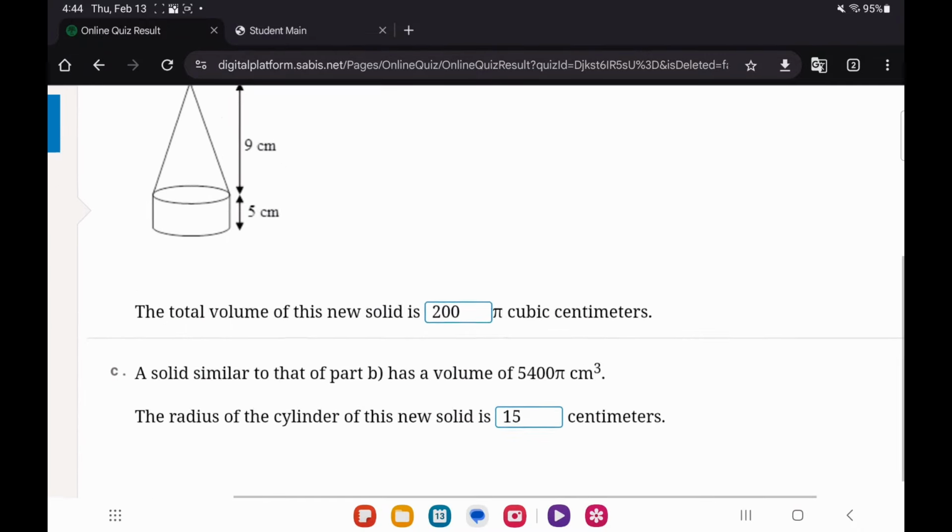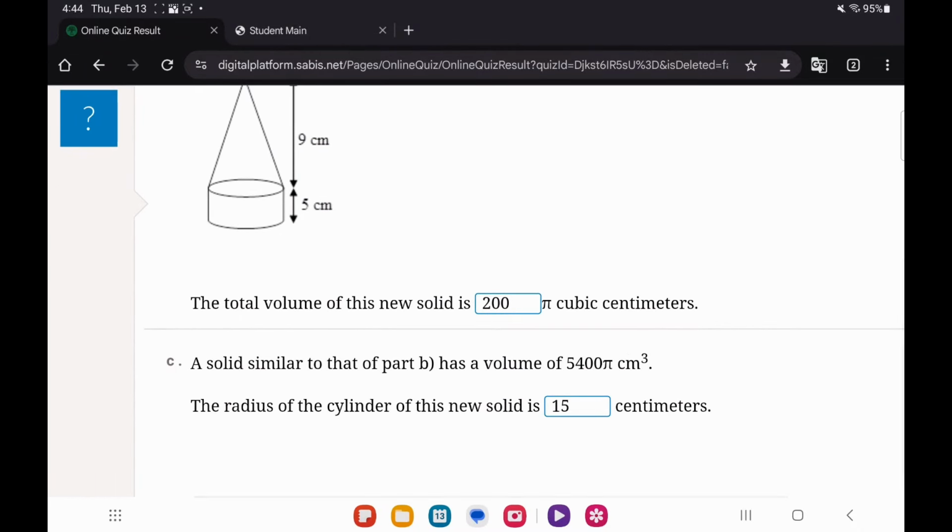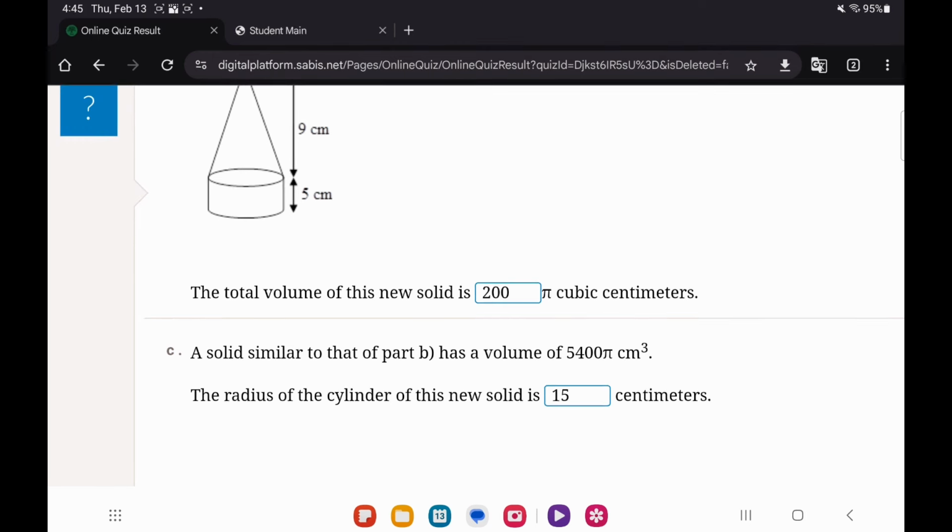Okay, and then a solid similar to that of part B has a volume of 5400 cubic centimeters. In this part we need to find the scale factor. K is the scale factor, by the way. So K cubed equals the second volume over the first volume.